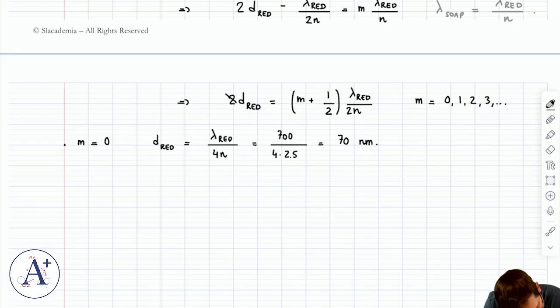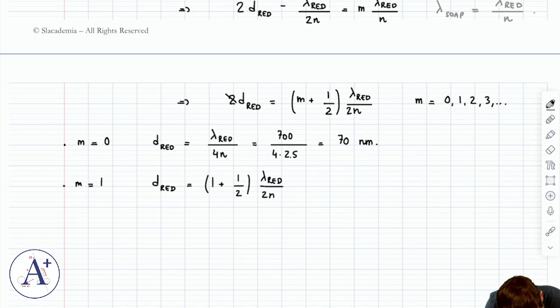Now, what happens if I try m equals 1, because maybe there's more than one thickness that works? Okay, well, there is theoretically, but in practice, maybe that doesn't work out. So let's see. So this is 1 plus 1 half, which is 3 halves, of lambda red over 2n.